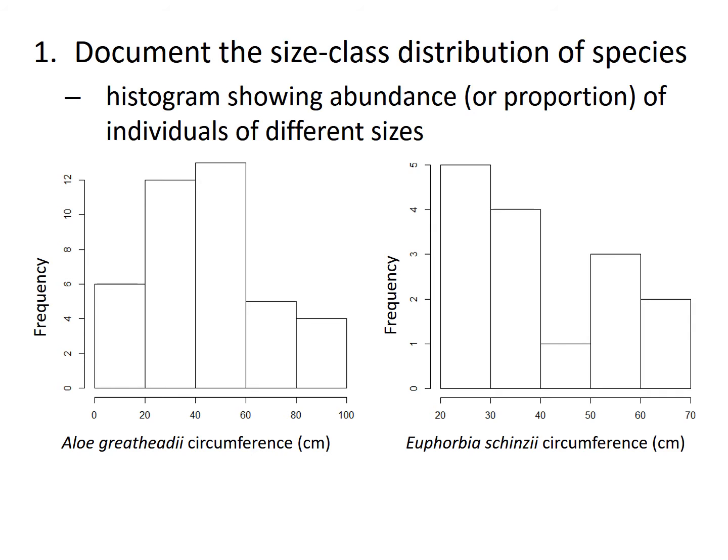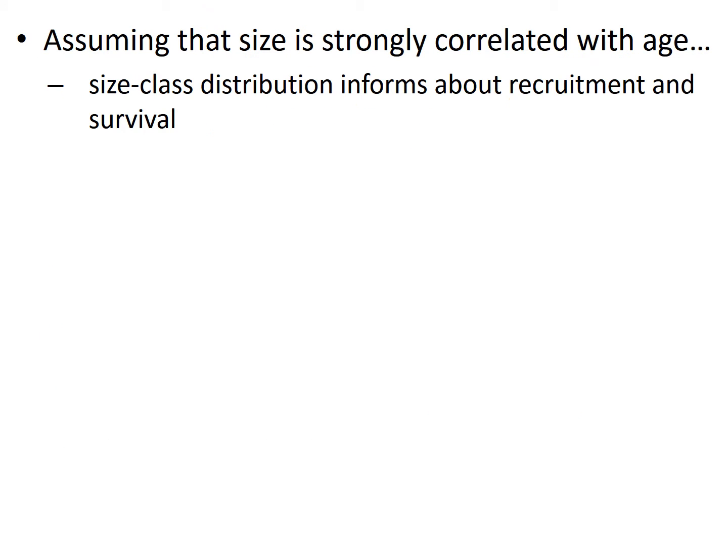So for Aloe greatheadii we see that circumference follows an approximately hump-shaped pattern, where most individuals are found in these middle size categories, with few smaller individuals and a few larger individuals. Euphorbia schinzii, on the other hand, shows a declining pattern, where generally the larger individuals get, the less frequent they are.